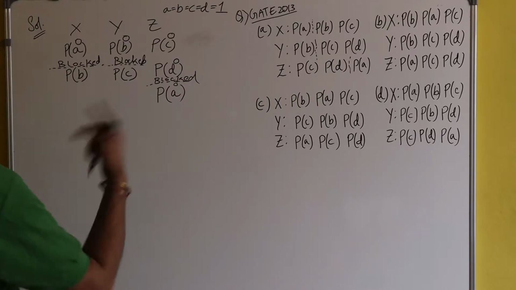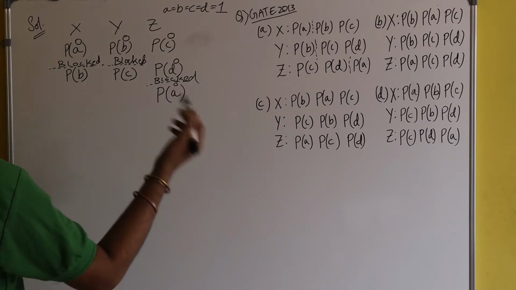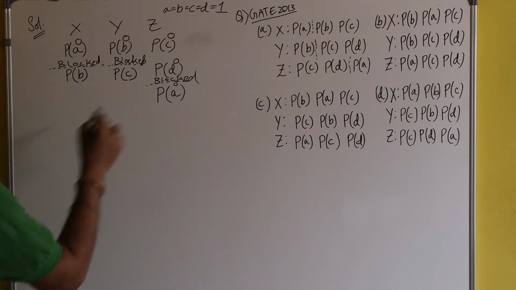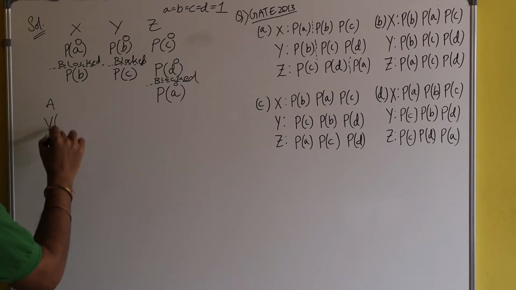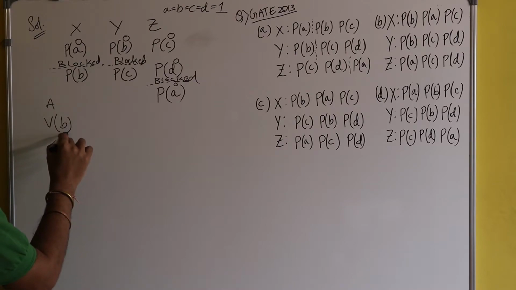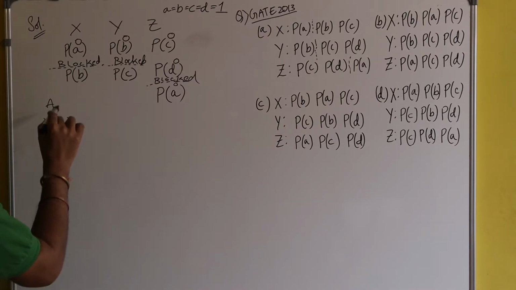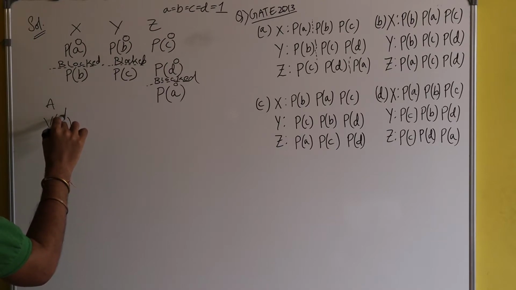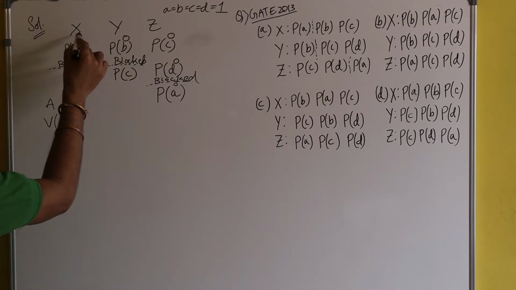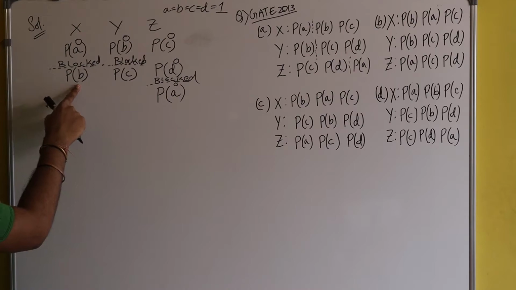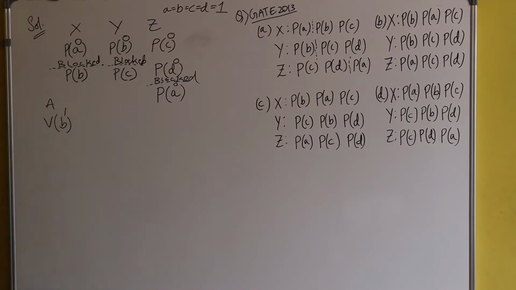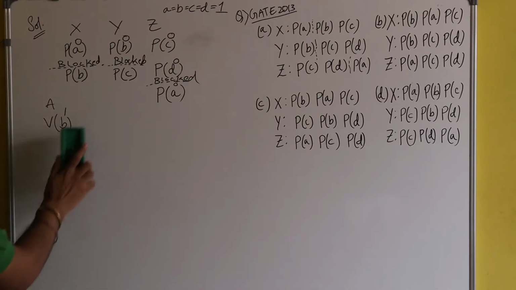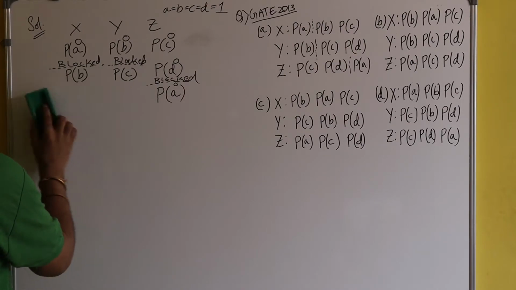What I mean to say is, suppose one of the processes applies the V operation on B. It means the value of B will be made 1, and after that, if the CPU is given back to process X, then process X can successfully execute this line. But no such thing is happening, so it's a clear case of deadlock.